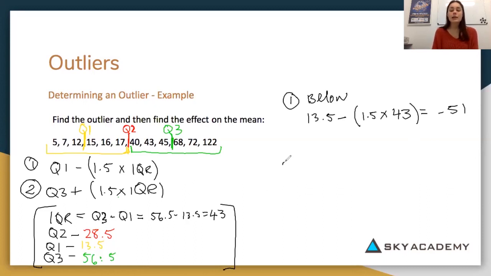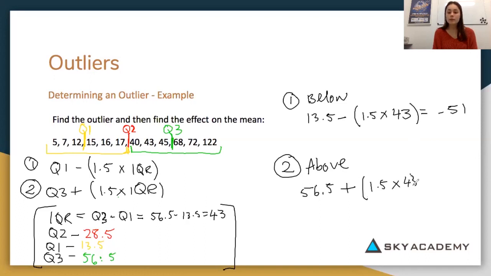Now let's have a look at our second equation to see if it's above the data set. So we have Q3, which we know to be 56.5, plus 1.5 times 43. And that gives us the answer of 121. So anything above 121 is considered an outlier.